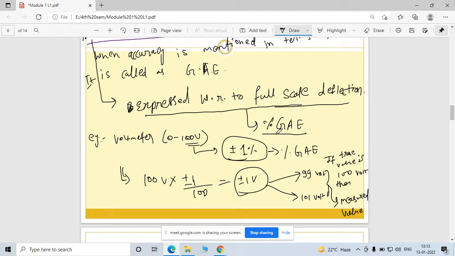This guaranteed accuracy error, the error the instrument is guaranteed to have, is always expressed with the full scale range. So in a voltmeter the full scale range is 100 volt, so if the guaranteed accuracy error is plus minus 1%, the value is given in terms of percentage, so it is a percentage error.